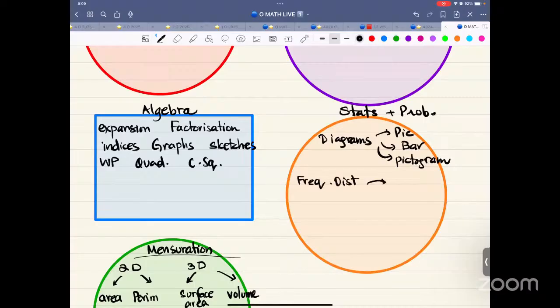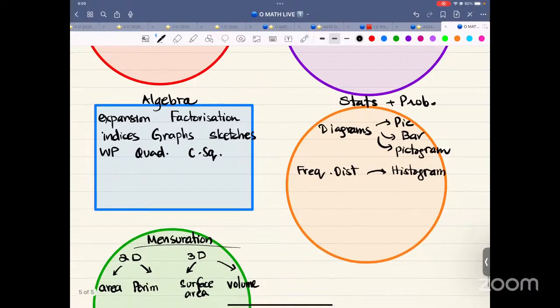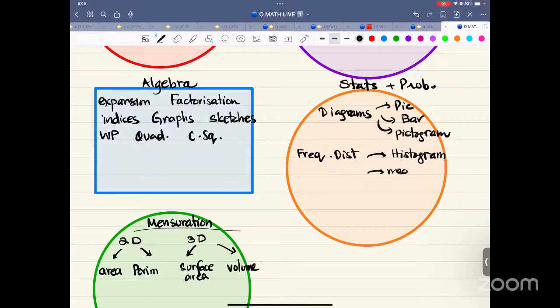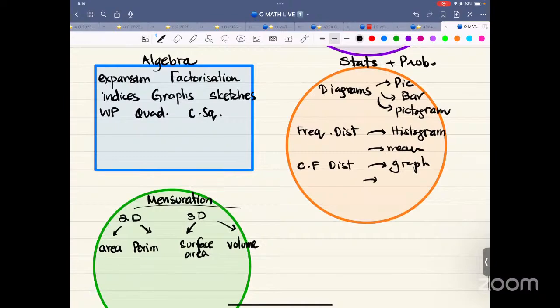So based upon frequency distribution, we draw a histogram. Based upon frequency distribution, we can calculate the mean. We can talk about cumulative frequency distribution. So we can draw a graph. We can calculate a median, lower quartile, interquartile range, upper quartile, 90th percentile, just to give you an example.